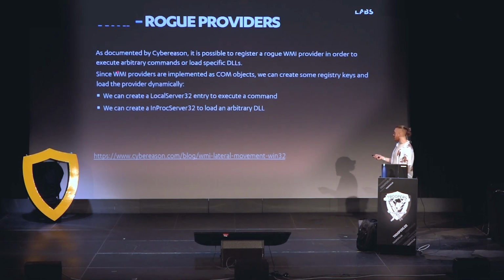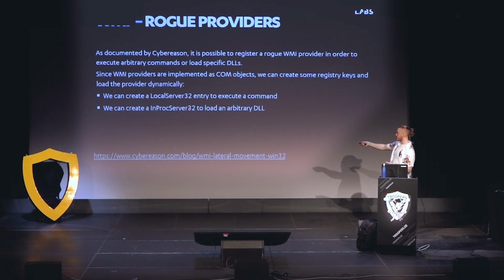So as I said, WMI providers are implemented as COM. We can create new providers by registering COM objects on the remote host. Registration of COM objects happens via the registry. For those who have used COM in general, you can go in two ways. LocalServer32 means that your COM server would be an executable.